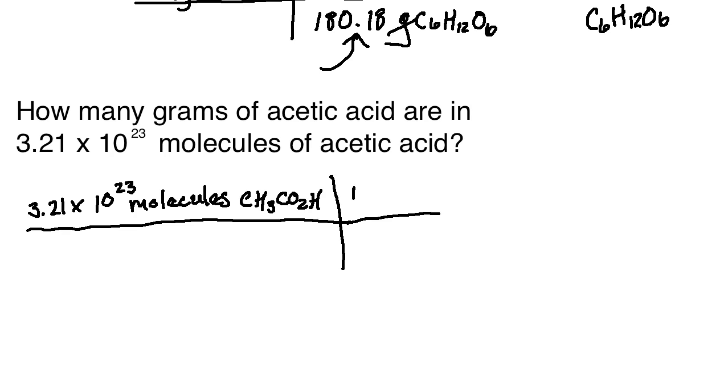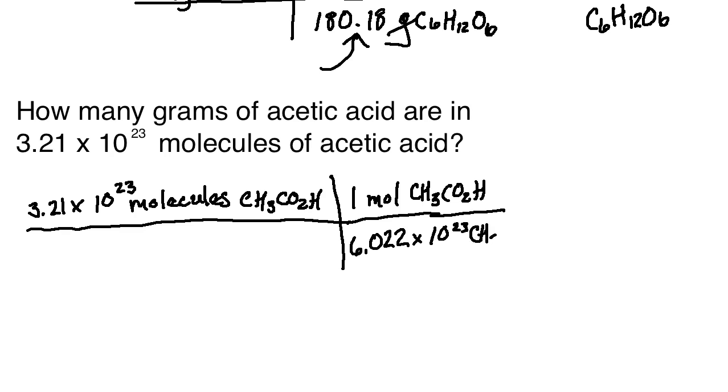So I have to say, in order to get to 1 mole of the CH3CO2H, this is where you need Avogadro's number, because 1 mole of acetic acid will contain exactly 6.022 times 10 to the 23rd of these molecules. Okay, for the sake of space, I'm not going to write out the word molecules here because I still need more space over here.